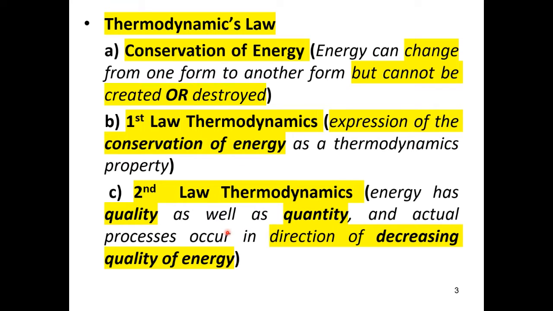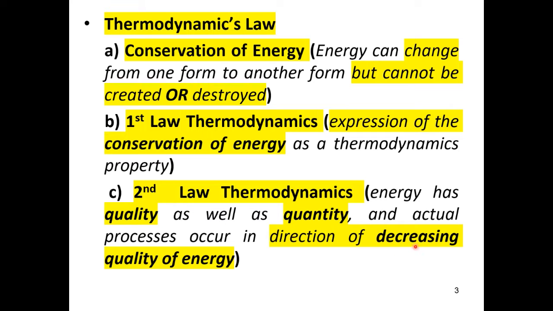And we have the second law of thermodynamics, which says that energy has quality as well as quantity. It's not only related to quantity, which can be measured, but energy also has quality. And energy transfer will always occur in the direction of decreasing quality of energy.